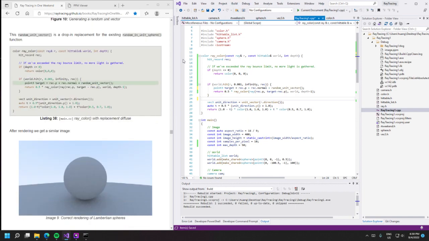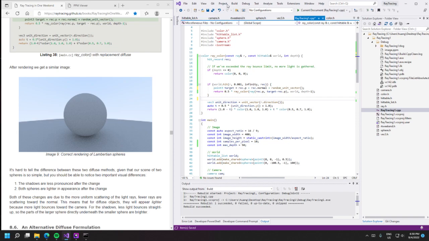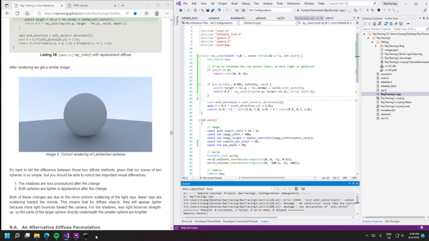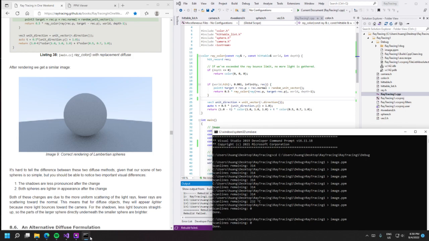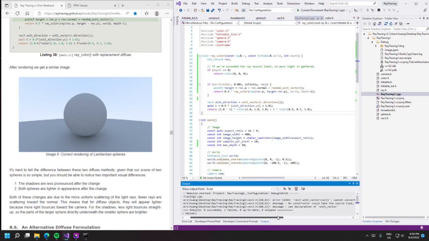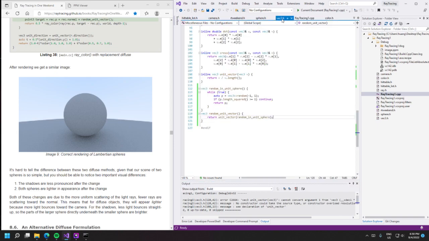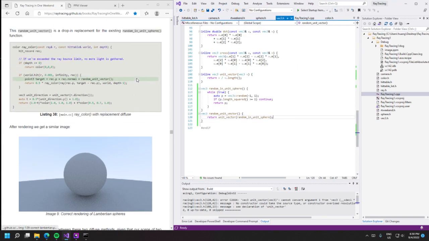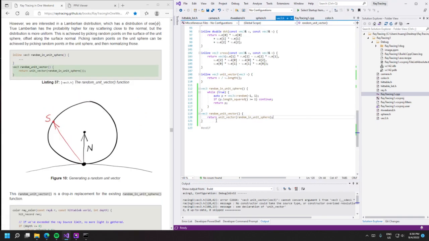Okay, after rendering we get a similar message. I don't even think we can tell, the quality stays similar, but wait, see declaration. Okay. Yes, random unit vector x3 return.